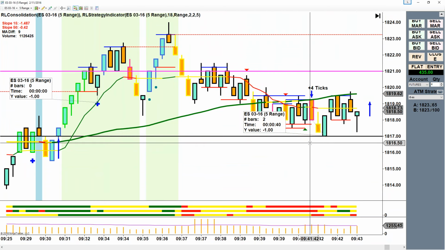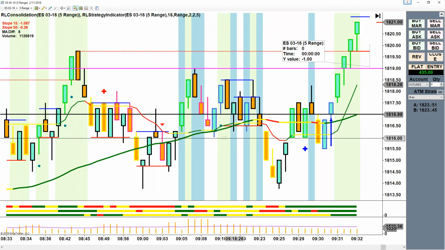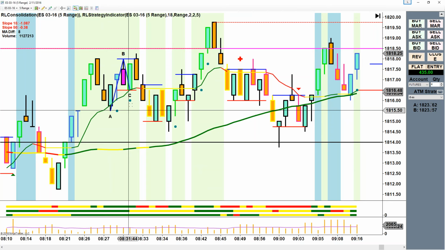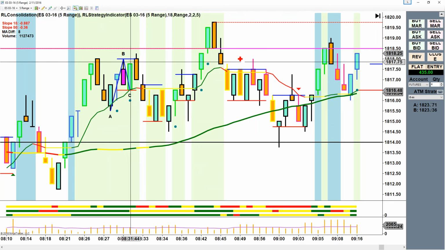Stayed out of all this chop. This whole area here, just tons of potential stop outs. This C candle, close to the value area high. And this was at 8:31 early this morning. We didn't even have an opportunity to trade this.